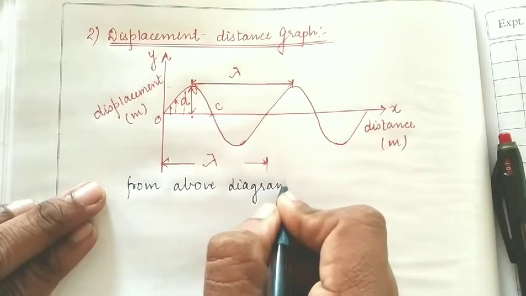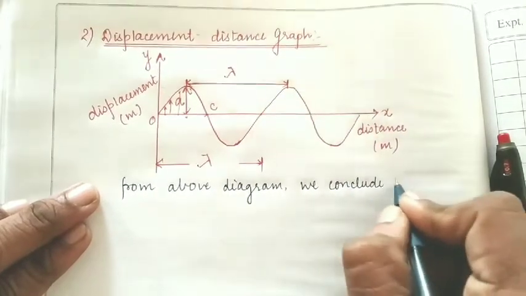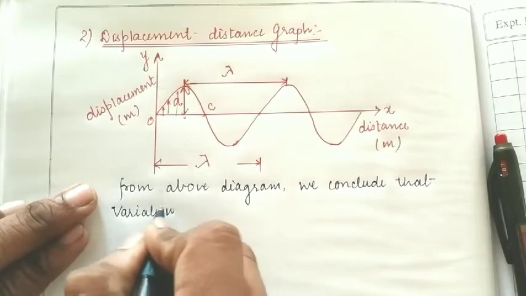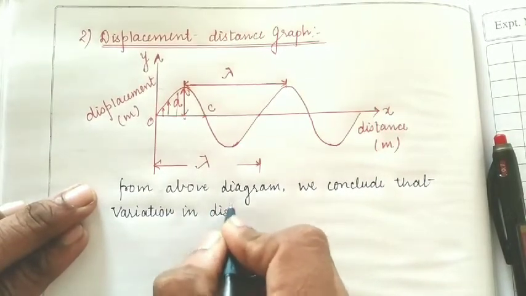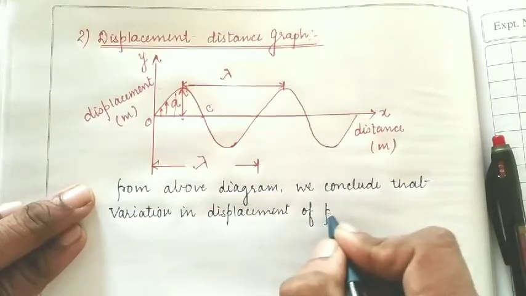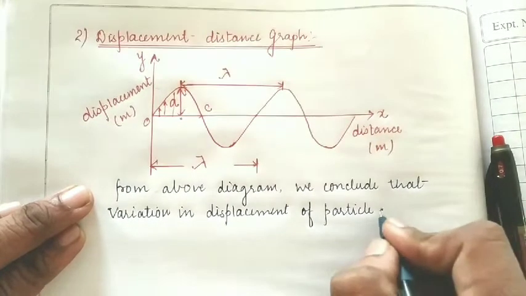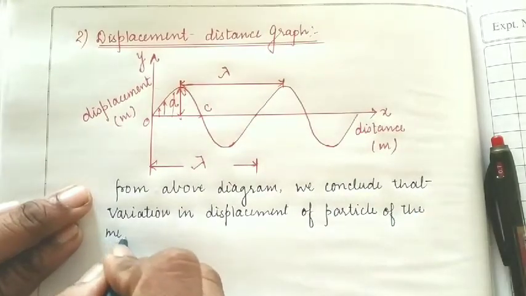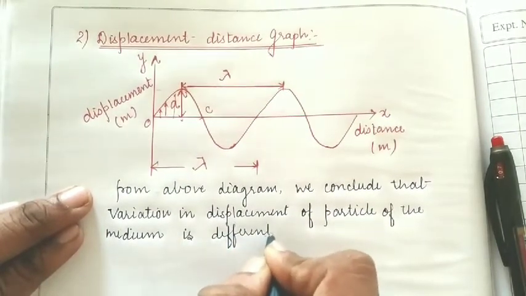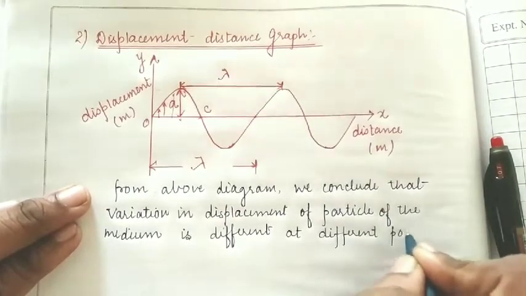We conclude that the variation in the displacement of a particle of the medium is different at different positions or distances.